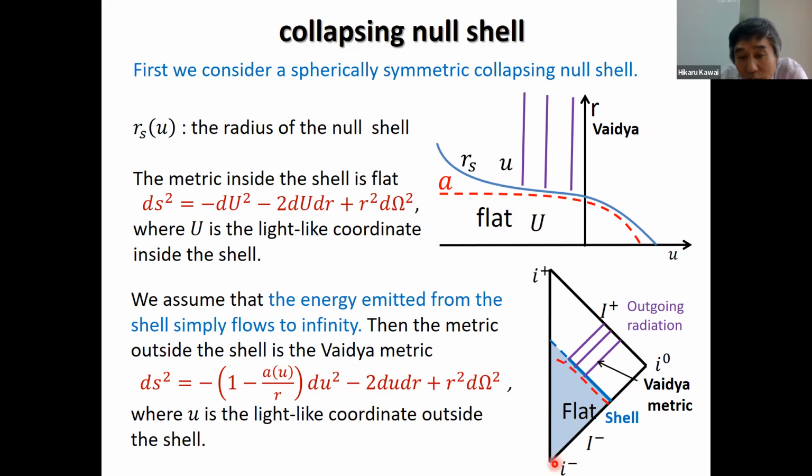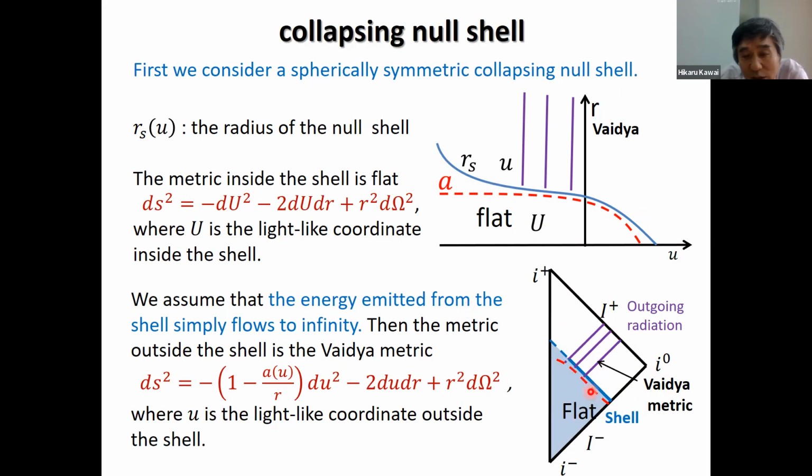So in terms of the Penrose diagram, our geometry is the following. Since a(u) disappears to 0, essentially the global structure is the same as Minkowski space. And the radius of the shell becomes 0 again. So this is the trajectory of the shell.